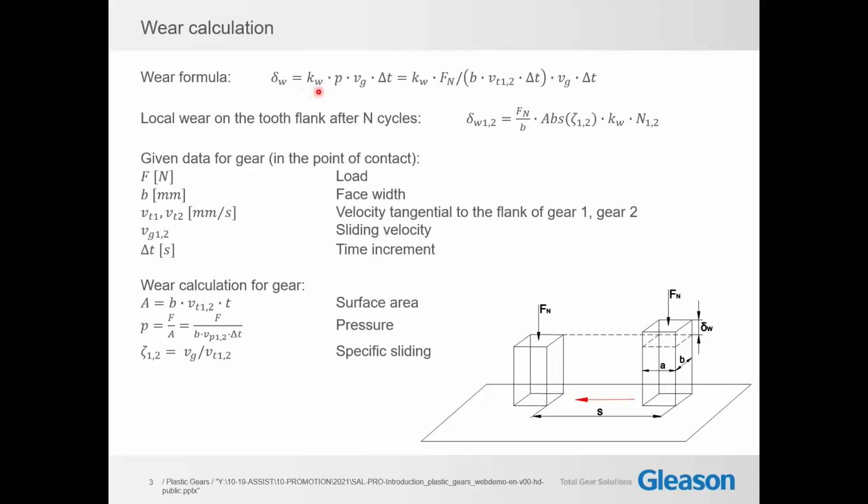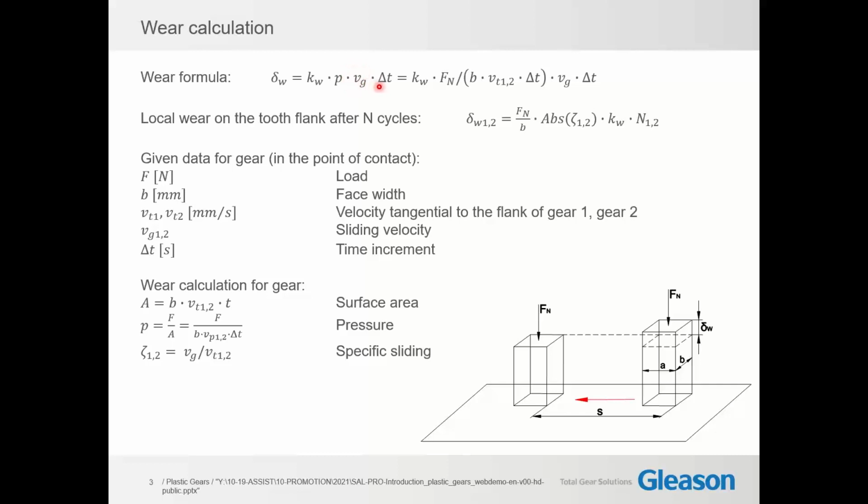You have to assume something, tinker with it, optimize the gears, see how they improve, but it's very difficult to rely on absolute values of the wear, because the absolute value of the wear or the specific wear rate is not known exactly.